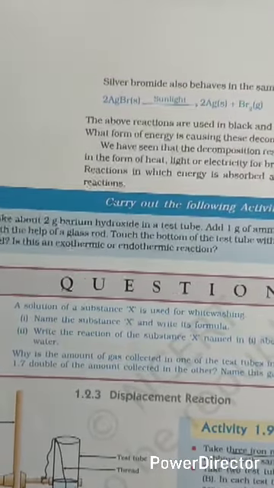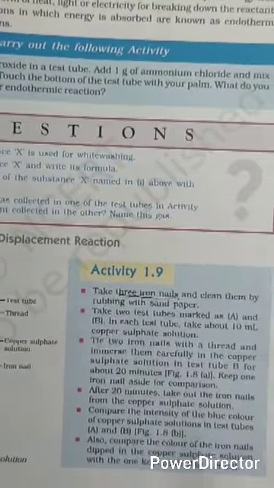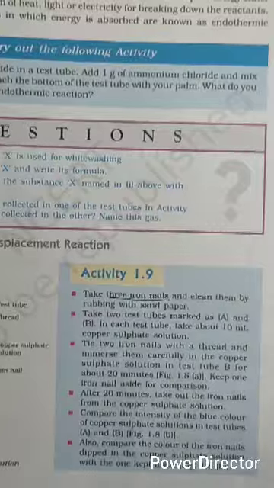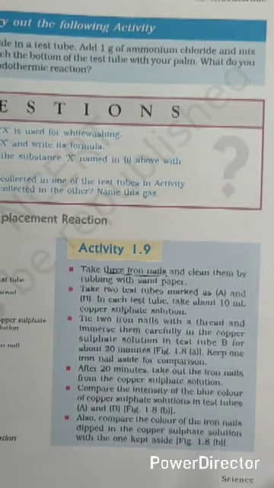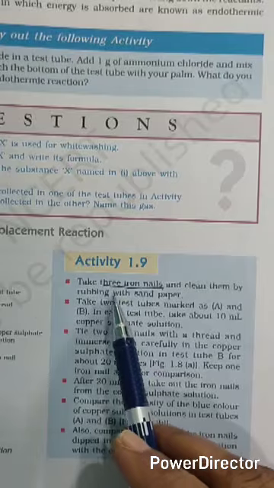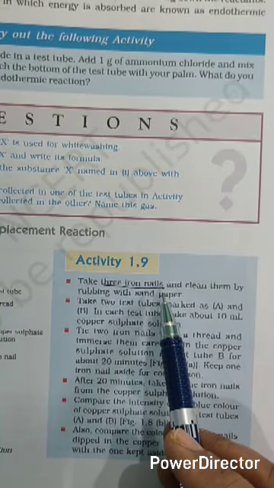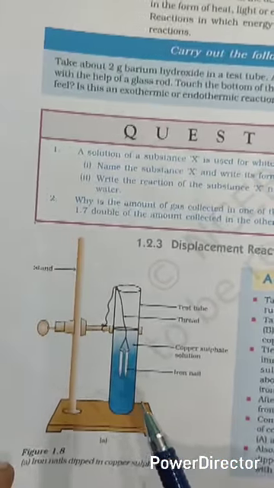Okay, next, activity 1.9. In this activity 1.9, we have to take 3 iron nails. That is important, 3 iron nails. Here, what will be the setup?